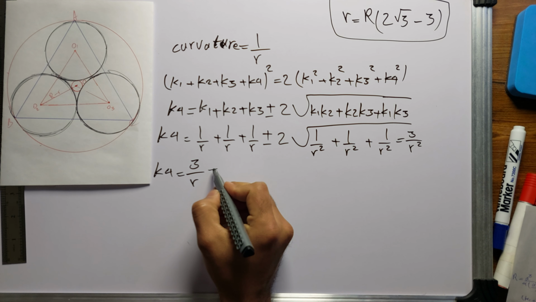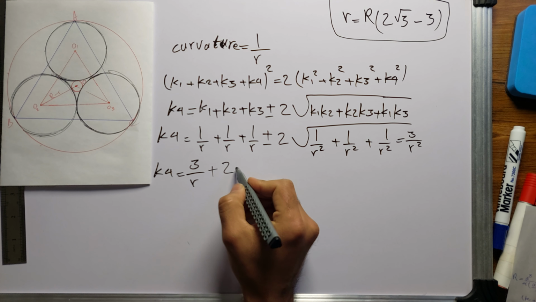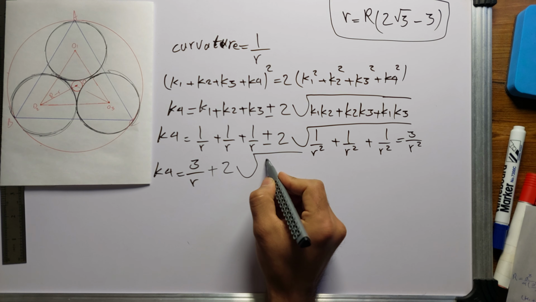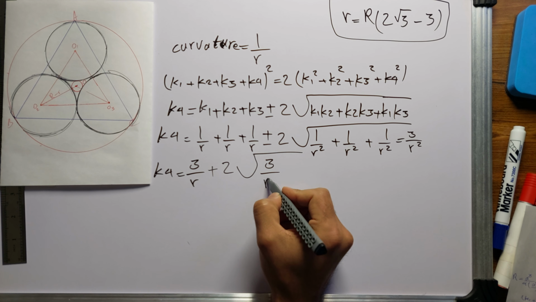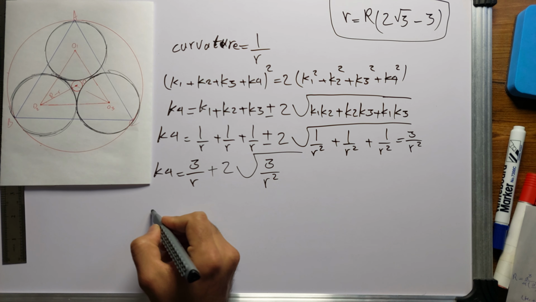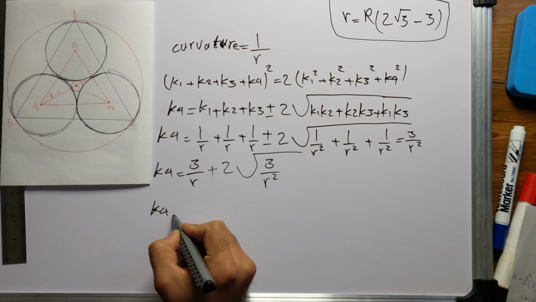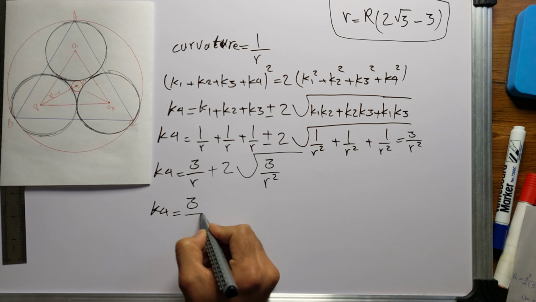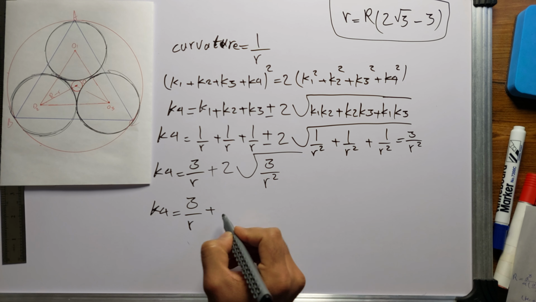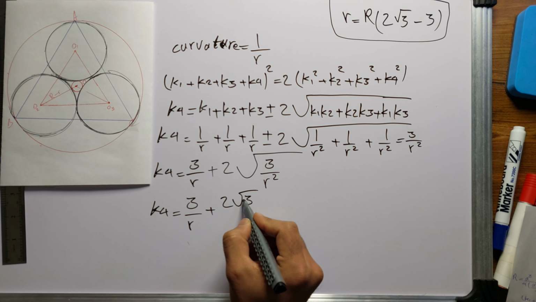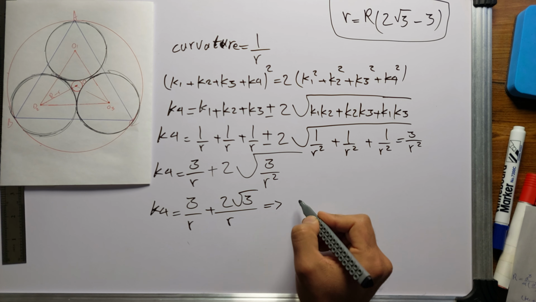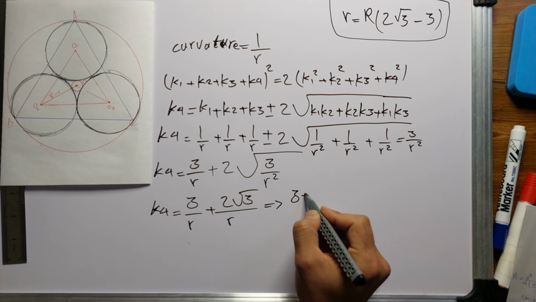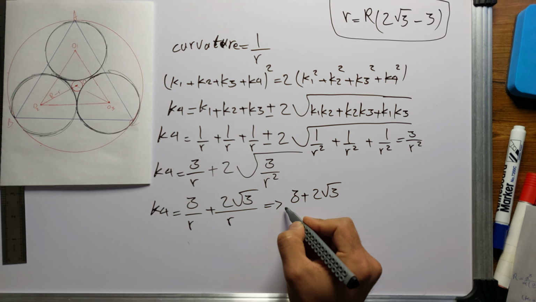So here I choose 2 square root of 3 over r squared. So in other words, k4 equals 3 over r plus 2 square root of 3 over r. In other words, it is 3 plus 2 square root of 3 over r.